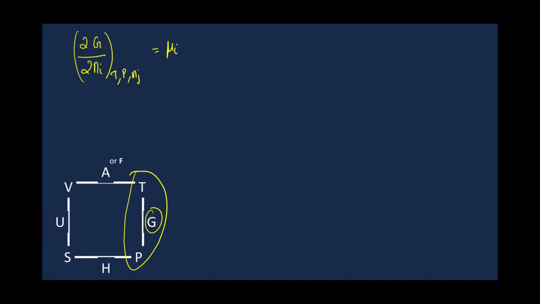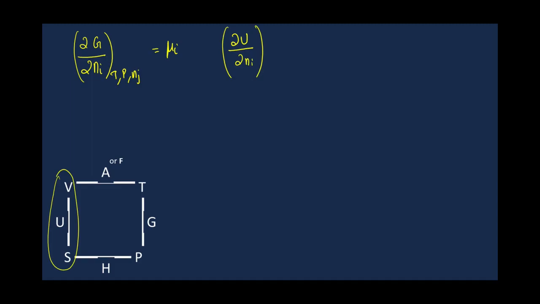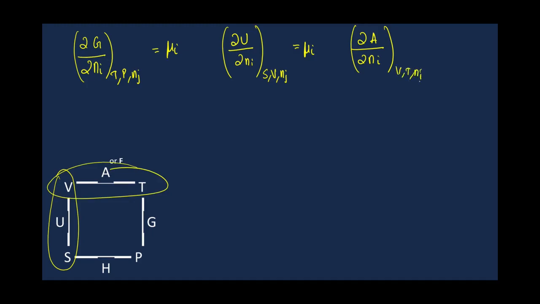Next, ∂U/∂Ni; just check which variables are next to U, that is S and V, and Nj is constant, equals μi. Then ∂A/∂Ni at constant V, T and Nj equals μi.